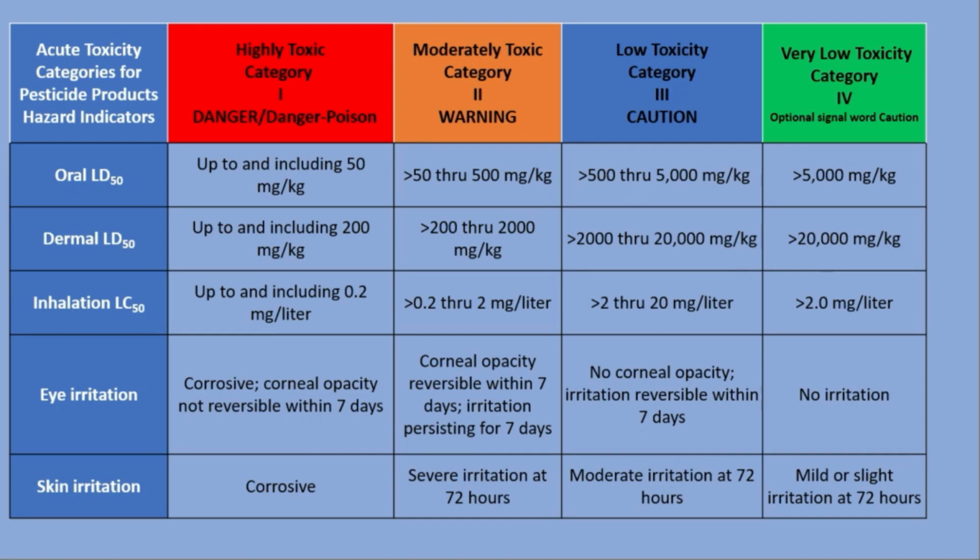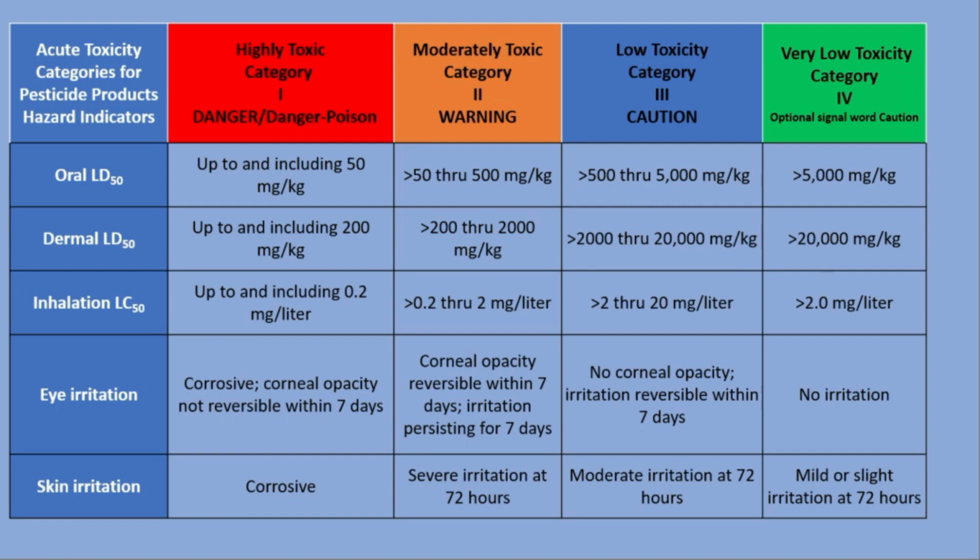If we look at oral LD50 under column 3, low toxicity, category 3 caution, it's going to be greater than 500 through 5,000 milligrams/kilograms. And looking again at oral LD50 under category 4 in green, optional signal word caution, it's going to be greater than 5,000 milligrams/kilograms.